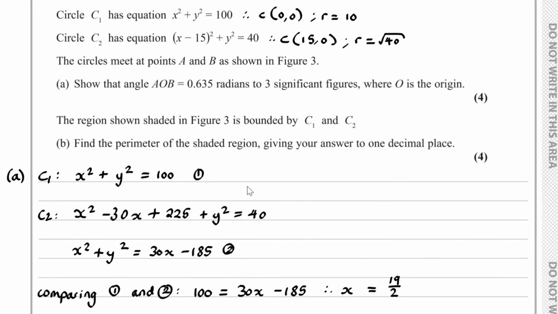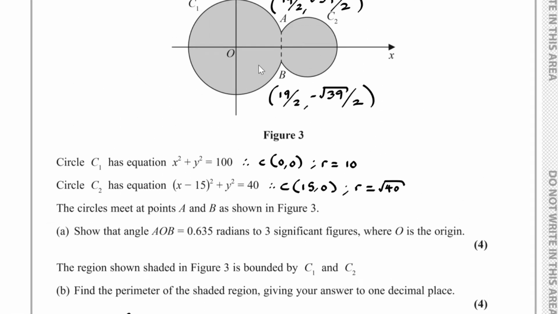And to find the angle AOB, we can construct a triangle. If we go back to our diagram, we know that the radius is 10, so we have 10 here and 10 here. For this smaller triangle, the radius here is root 40, and here we have another root 40.